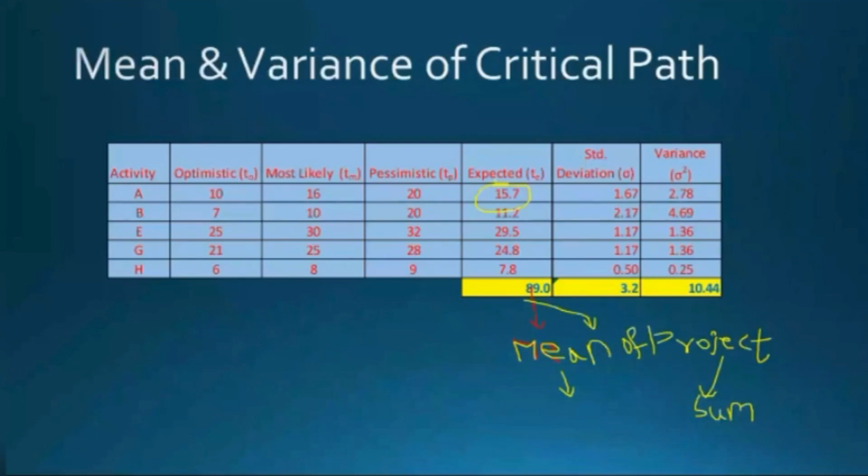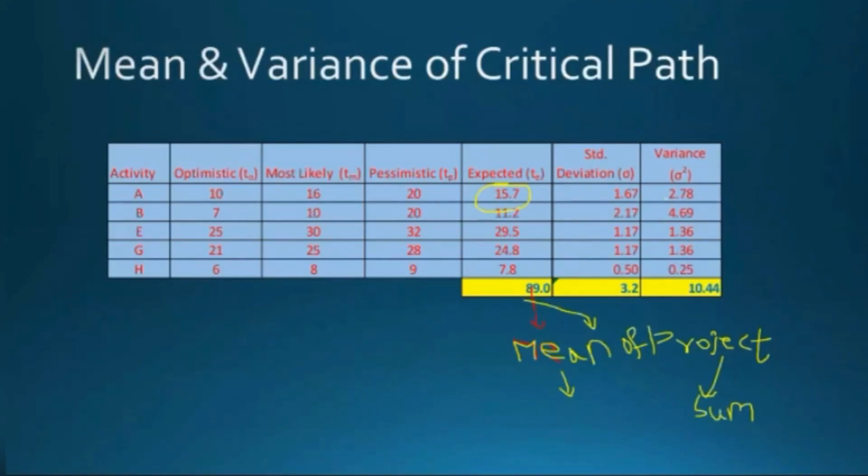Now are you able to understand? Right. Now, in the same way we apply it for variance, because for the overall project we need the mean duration and the variance. For the variance, we take the values from the previous table, where we have already calculated the variance for all activities.